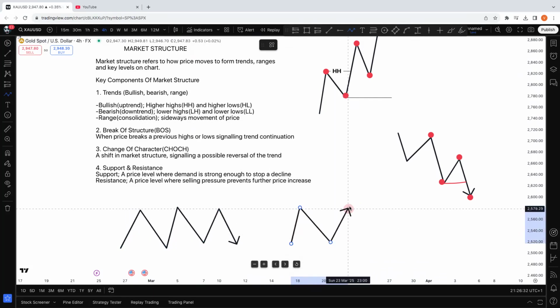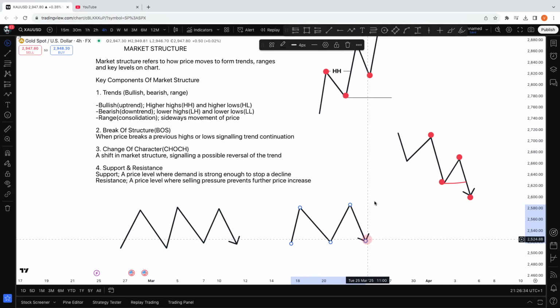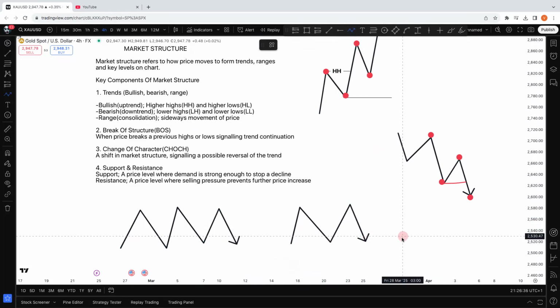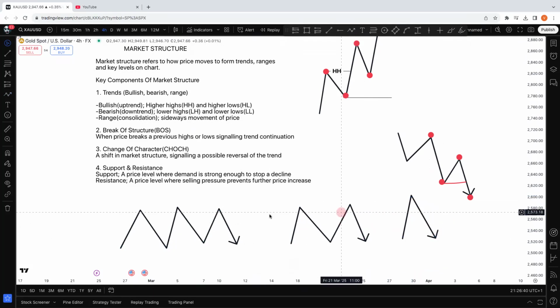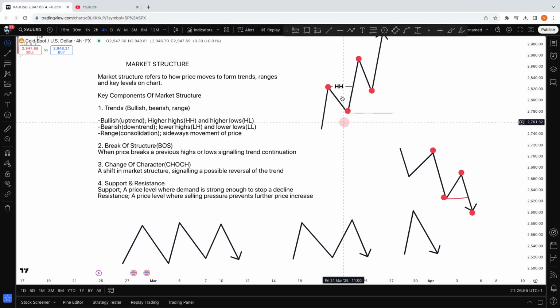We can also have double, and we can also have single, where price moves from one point to the other, right? So we can have multiple, single and double consolidation. The ranging market is referred to as a consolidation, when price moves sideways without any impulsive move to break out of the range, right? So these are the three types of trend we have in the market.